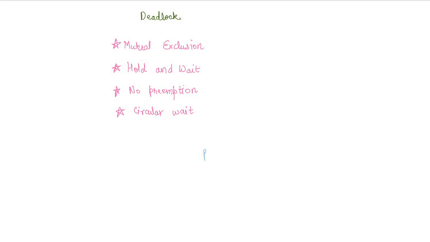Let's say we have a process P1 and we have a process P2, and we have a resource R1 and a resource R2.